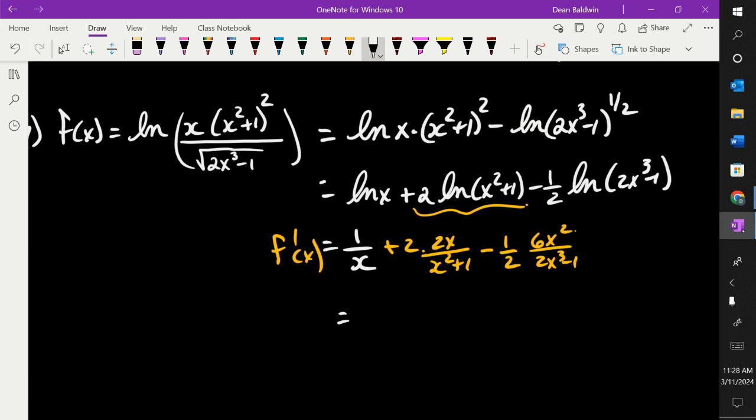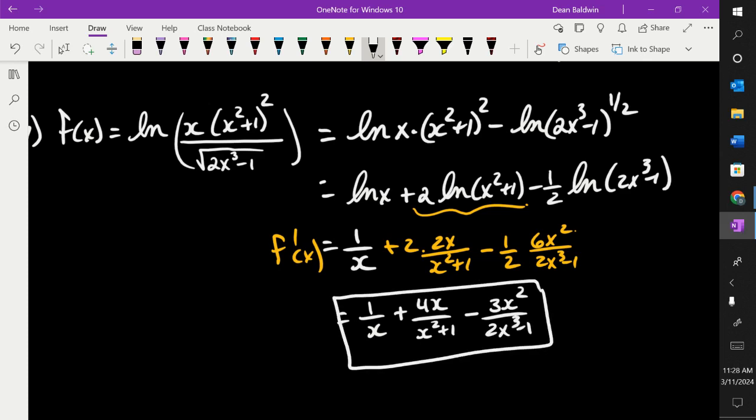So we get 1 over x plus 4x over x squared plus 1. This 1/2 and this 6 will turn into a 3. And that's it.